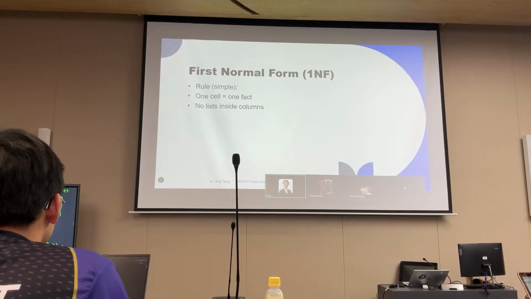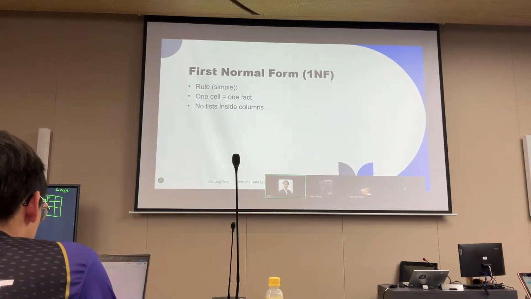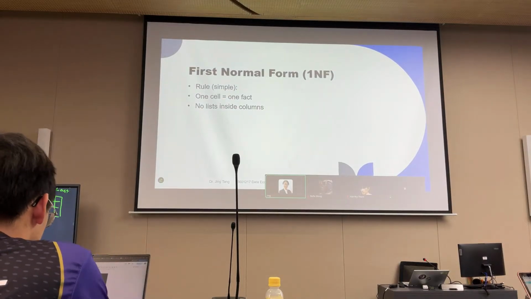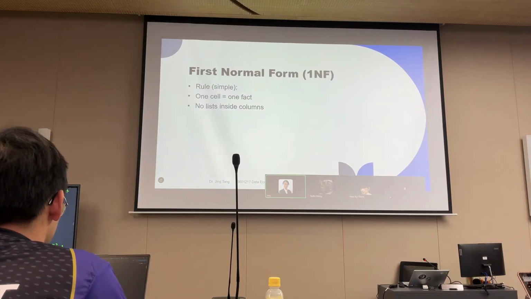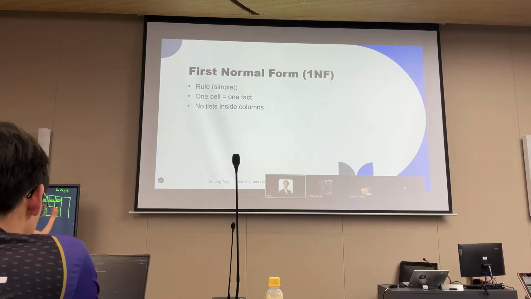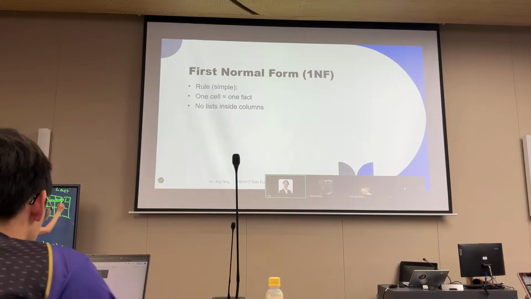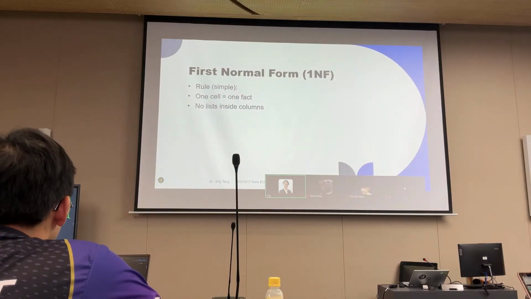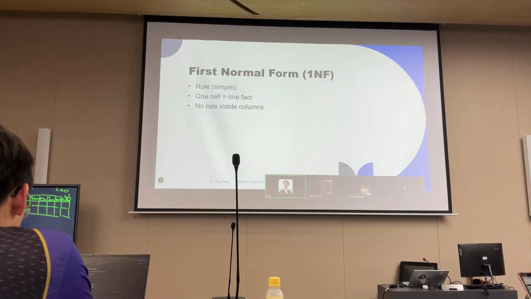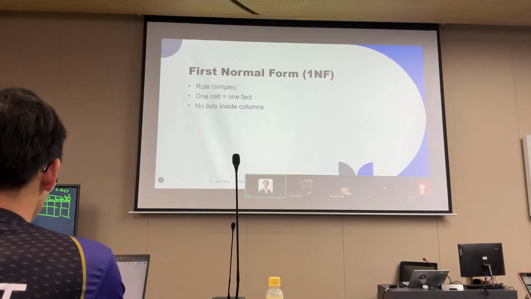And for all the columns, you have something like student name, product name, email, price, or anything. You should not have something like first name, comma, last name. You cannot combine first name and last name together. You have to separate them, one column for first name, one column for last name.